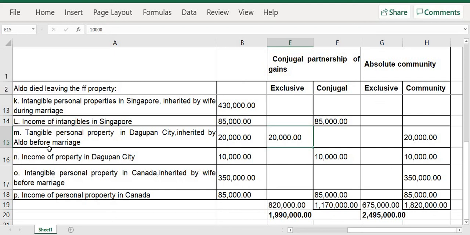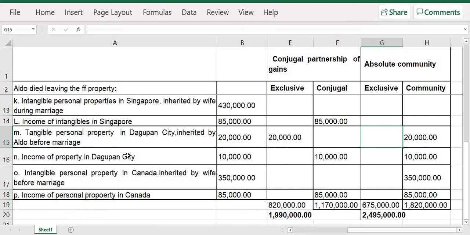Pero pag na-inherit niya yan during marriage, magiging exclusive pa rin yan. Dahil before marriage yan, exclusive pa rin yan under conjugal partnership of gains, pero magiging community property na yan under absolute community of properties.